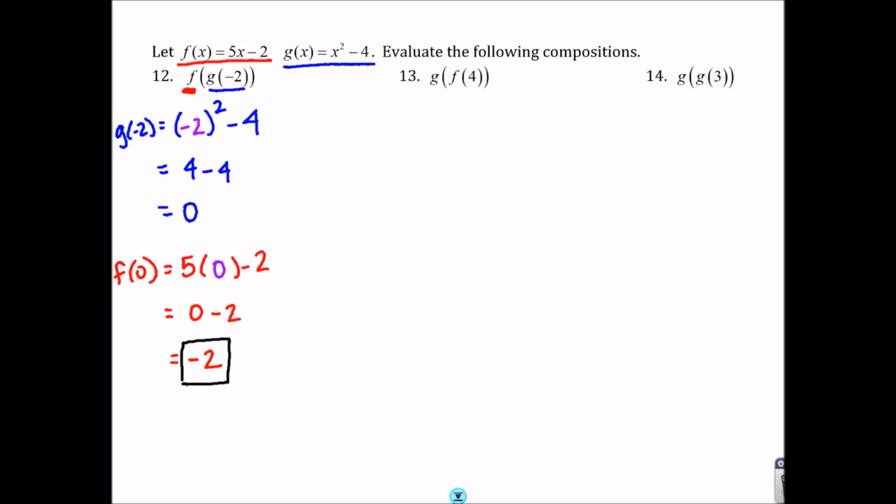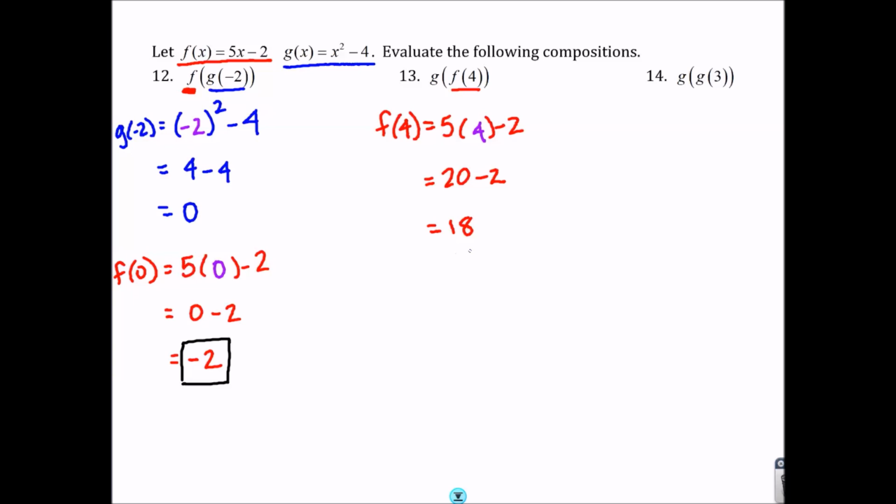So when you are evaluating compositions, you need to start in the innermost parenthesis and work your way out. So for this next example, we're going to start with 4 and plug that into f of x. So 5 times 4 is 20, minus 2 gives us 18.